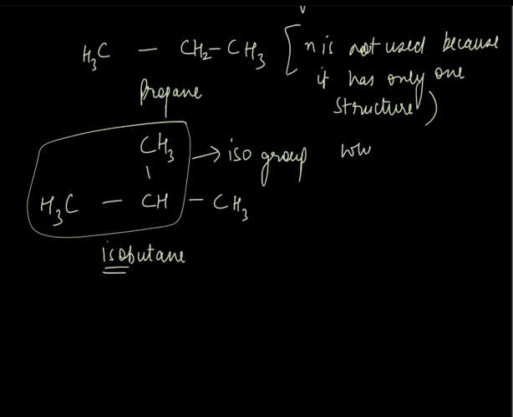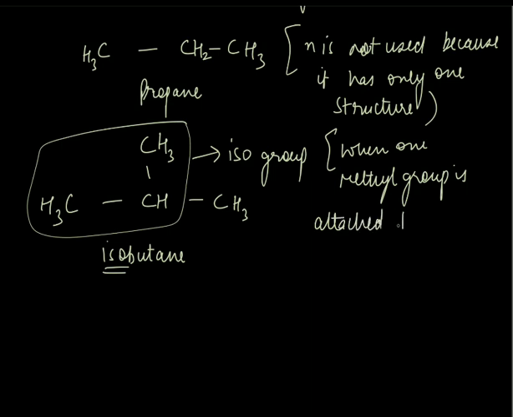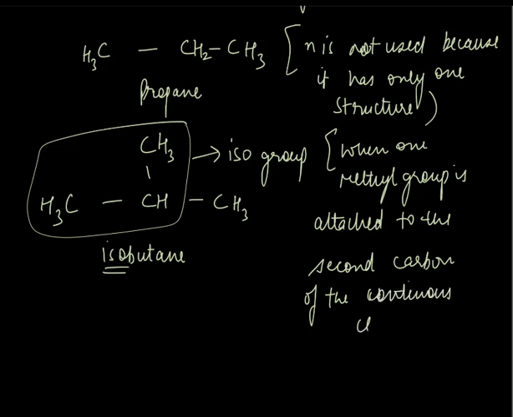When one methyl group is attached to the second carbon of the continuous chain, that is the meaning of iso.